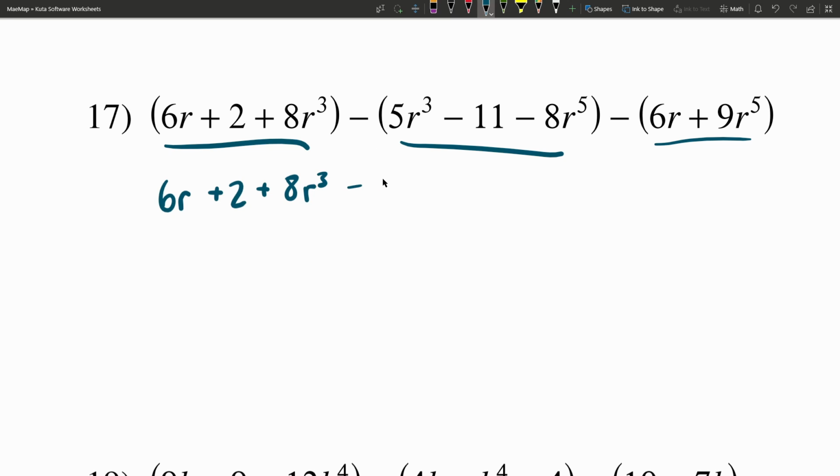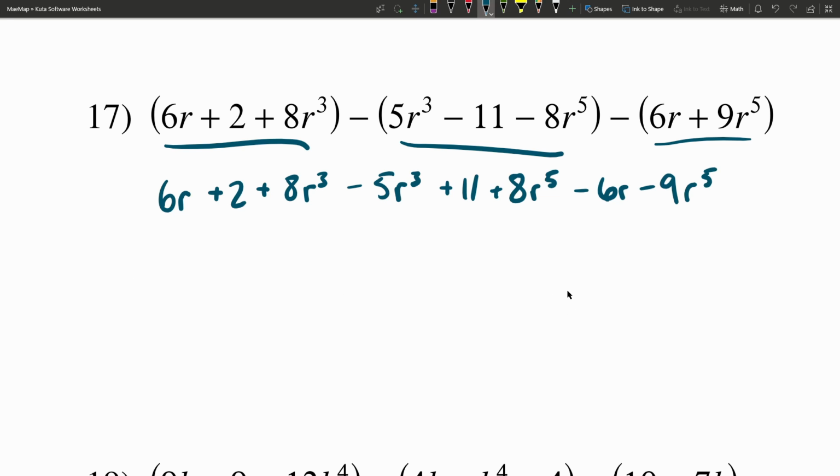Then we're going to subtract our 5r cubed, subtract a negative 11, so add 11, subtract a negative 8r to the fifth, so add 8r to the fifth. Then we're going to subtract the 6r, and subtract a positive 9r to the 5th. There we go. Now I'm ready to combine my terms.